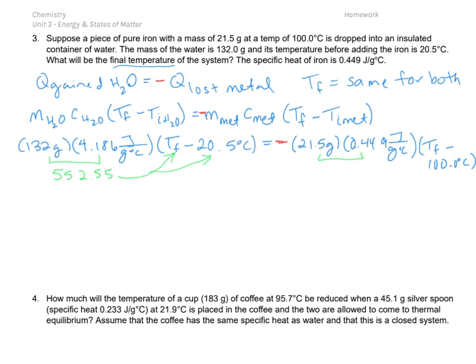So 21.5 times 0.449 is negative 9.65, and that will be distributed across these parentheses. When I do that, 552.55 times TF is just 552.55 TF, and then times negative 20.5 is minus 11,327. And that equals negative 9.65 times TF.